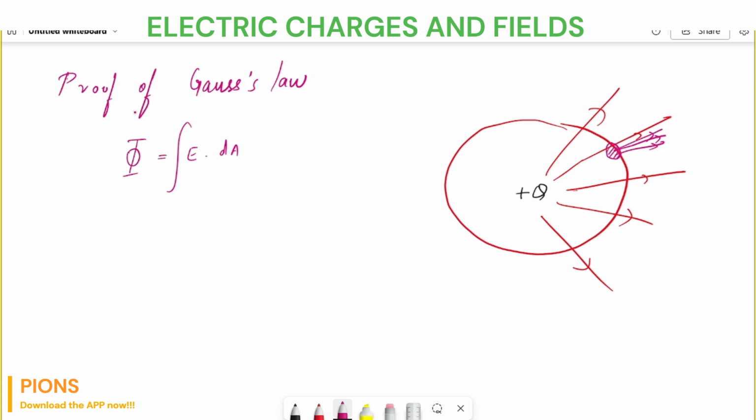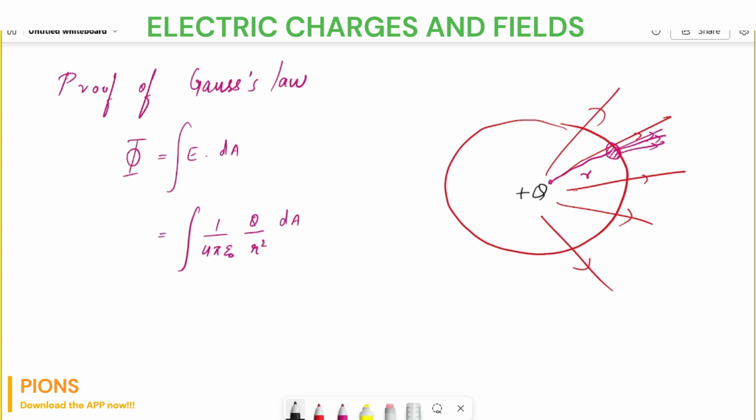Now the electric field at any point away from this charge at a distance r, we have learnt in the previous lectures, is 1 by 4 pi epsilon naught q upon r square, right? Integration of dA. Integration of dA, you will learn in maths 12th standard chapter 8, application of integrals.